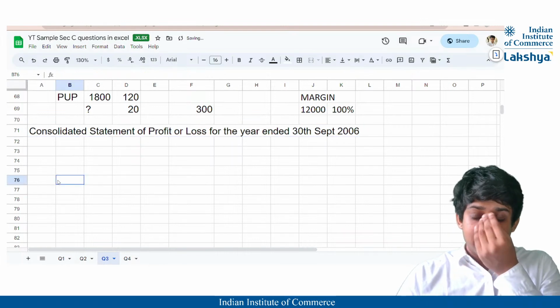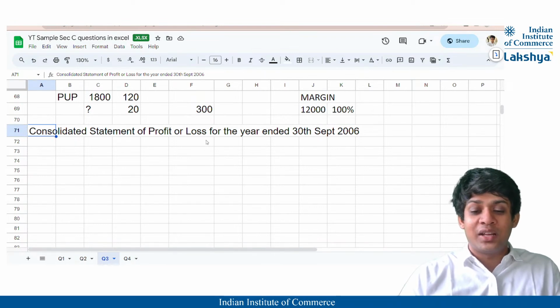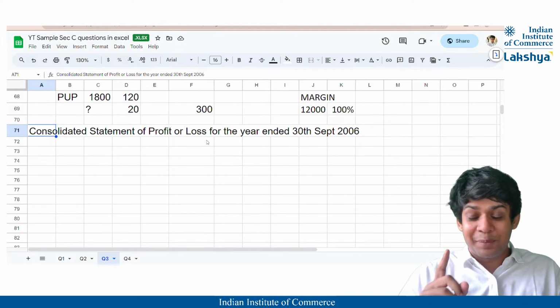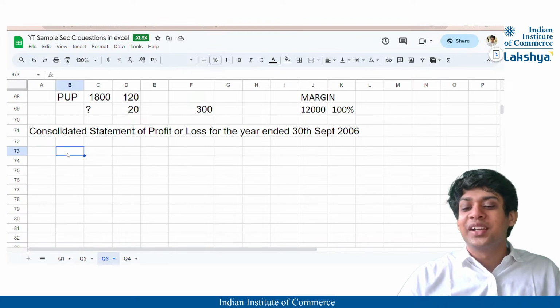You have to state this full line. They can cut your marks, and even if you just mention this line, they might give you a mark while solving the sum. But that should not happen, guys. Don't just write this line. Please solve the whole sum, okay?